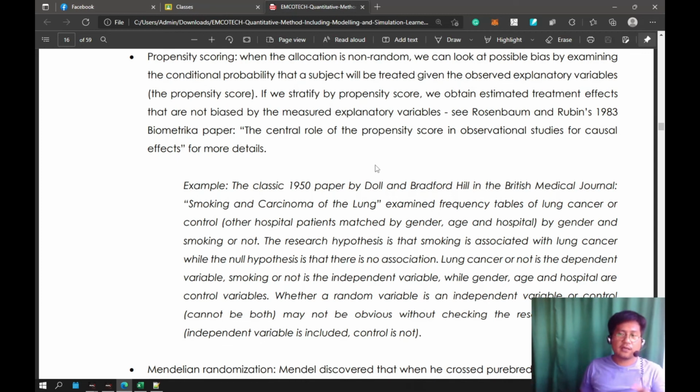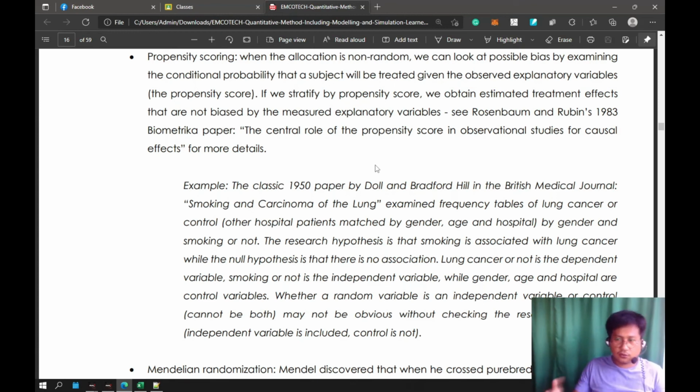While gender, age, and hospital are the control variables. We group by gender because it could be that more males are prone to lung cancer because more males smoke, unlike women.